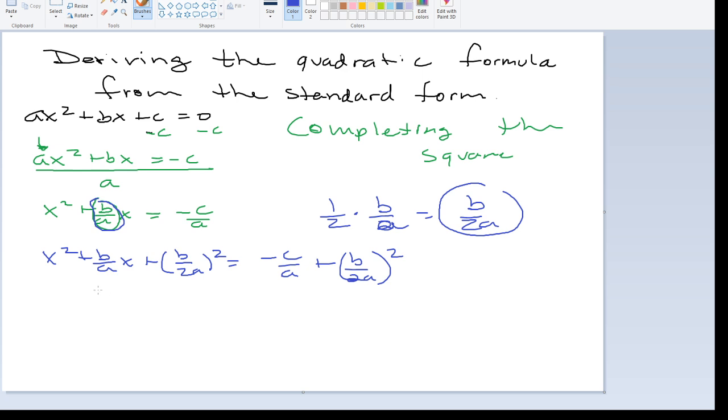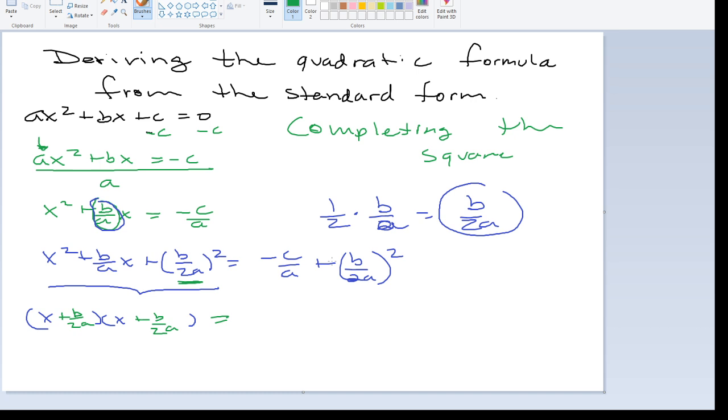On the left side, the next step is to factor this out. So we get x times x. And the shortcut here is whatever we came up with right here, that's what's going to go as my two numbers, b over 2a. On the left side, we took care of that.